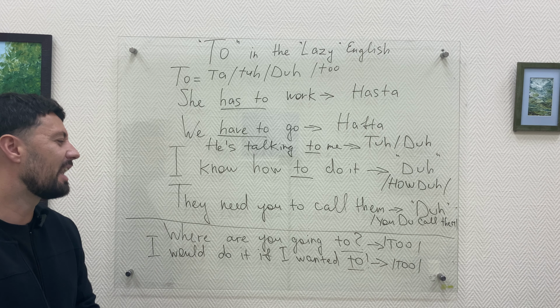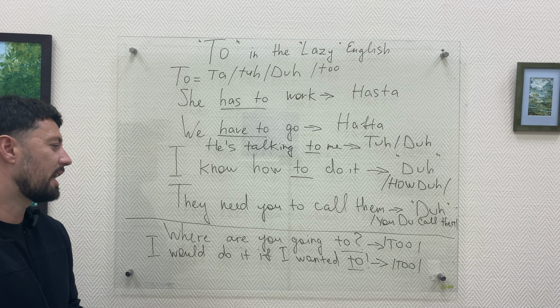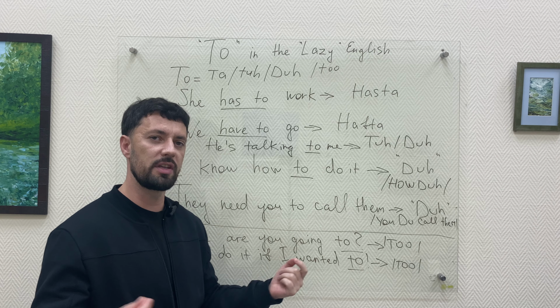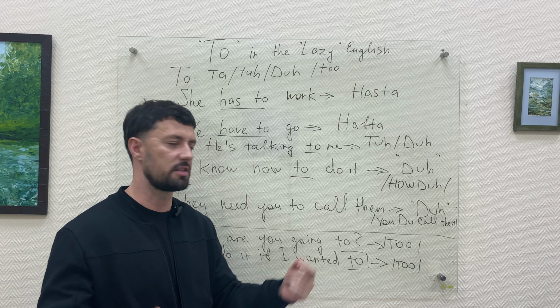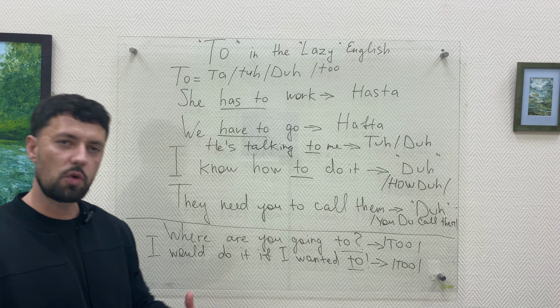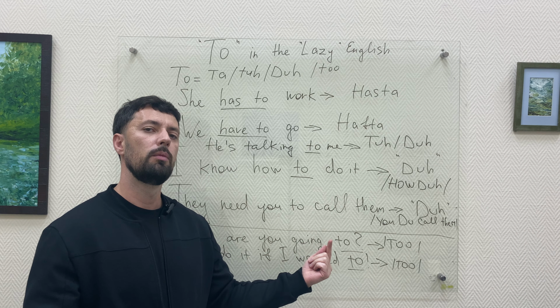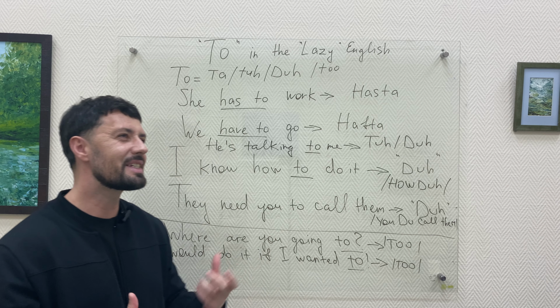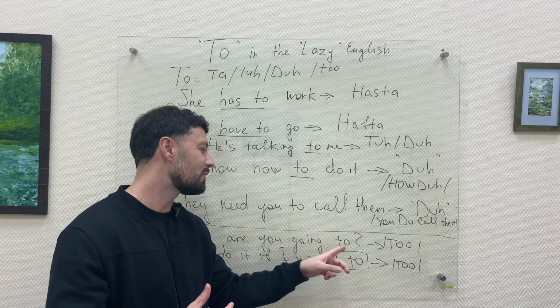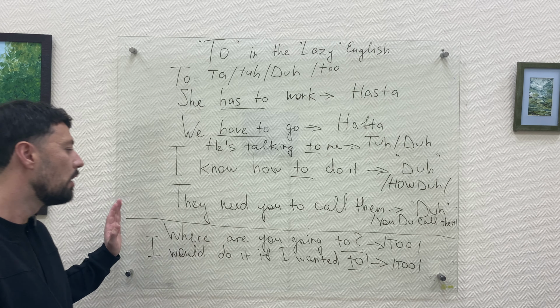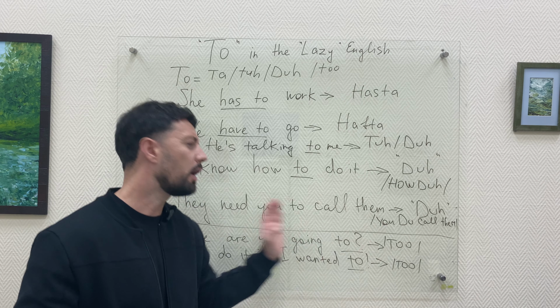Technically, from the grammar standpoint, this "to" may not even be here because the message of this question is quite clear, and you may say, where are you going? But sometimes it doesn't feel right to leave the "to" behind, so you keep it here: where are you going to?